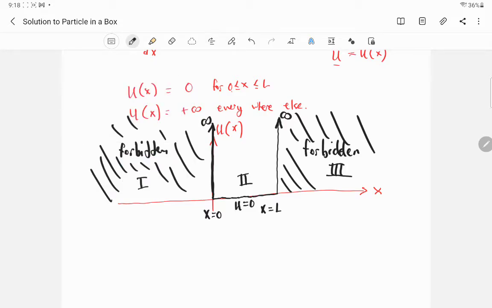In region 1, we know we cannot find the particle.